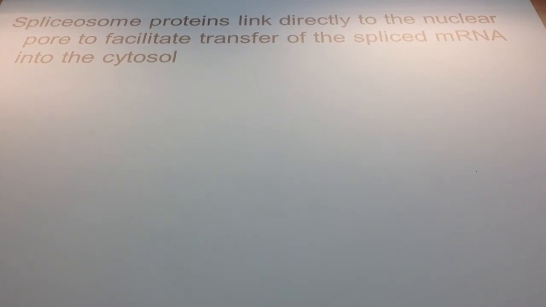As long as the spliceosome complex proteins still remain bound to the mRNA, that tells the machinery that this mRNA is not ready because RNA splicing is not finished, right? So it's just the reverse from capping and poly A, where the presence of the cap and the poly A tail indicates that this mRNA is ready. However, the presence of the spliceosome complex indicates that this mRNA is not ready to be transported. Just the opposite.